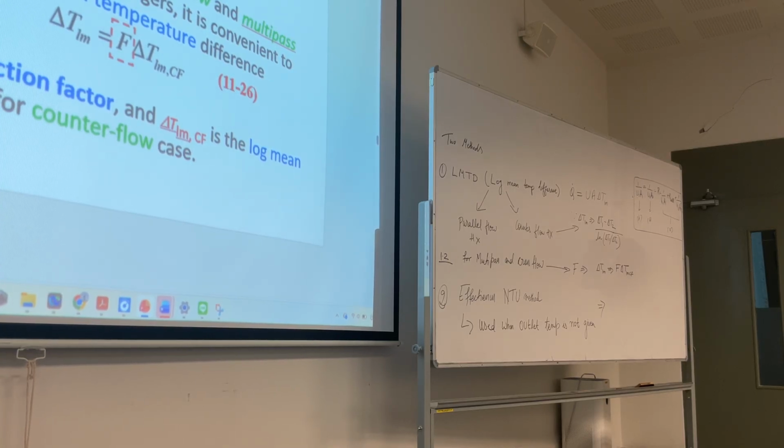The log mean temperature difference relation developed earlier is limited to parallel flow and counter flow. To simplify the analysis of cross flow and multi-pass shell and tube heat exchangers, it is convenient to express the log mean temperature difference relation like this. F is the correction factor. Delta T LM is the log mean temperature difference for counter flow.